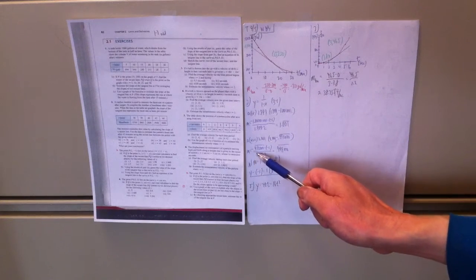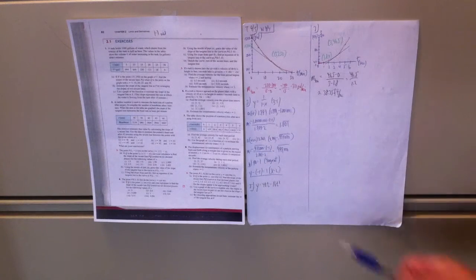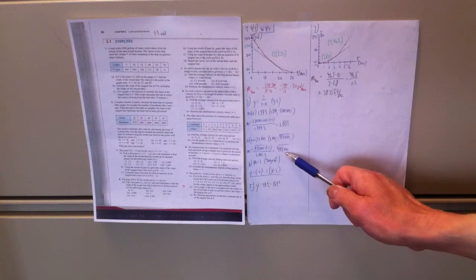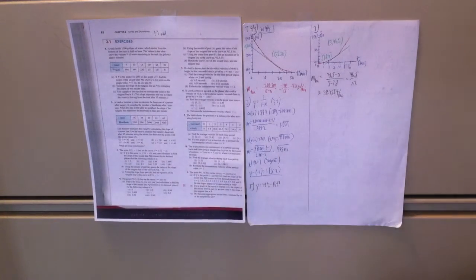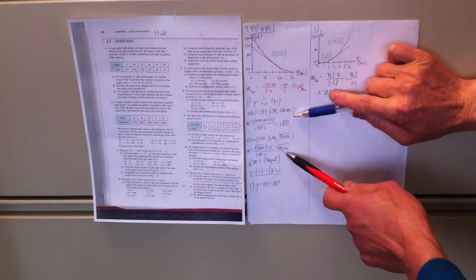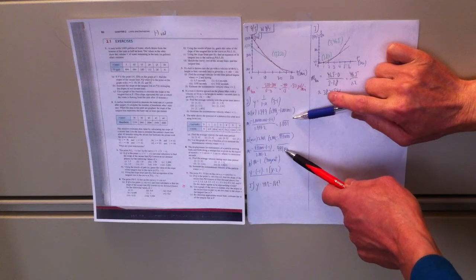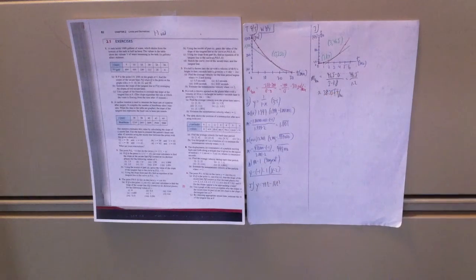Negative 0.999000 repeating minus a negative 1 over 2.001 minus 2 comes out to be 0.999000 repeating. You can do the same thing for all the other ones. The idea is to look for a pattern. If you look at this number and this number, it looks like it's very close to 1. So the estimate for the tangent slope is 1. So the slope of the tangent line is 1.